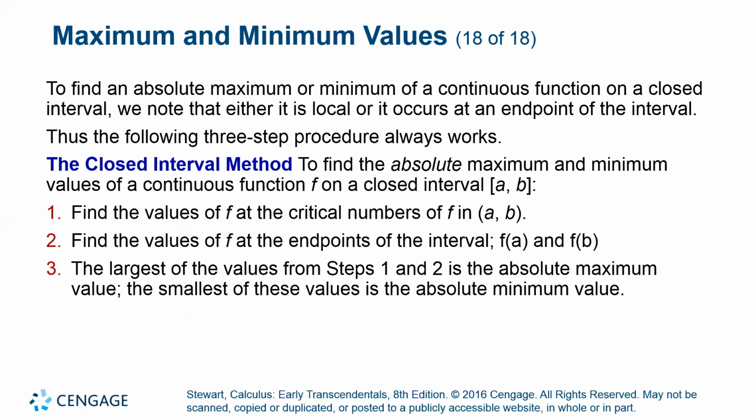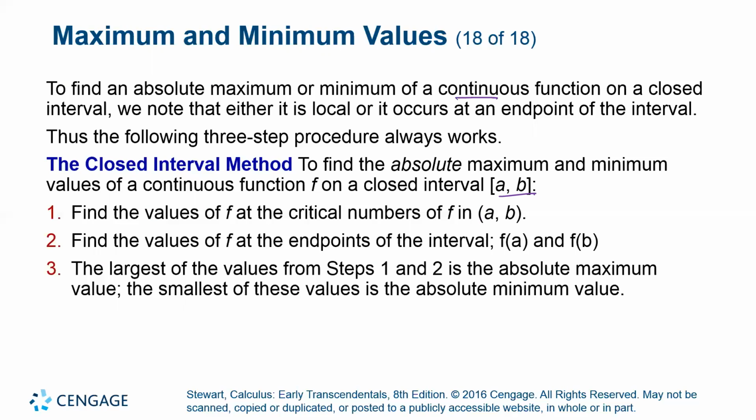Now, the final thing is finding maximum and minimum values. To find the absolute maximum and minimum values of a continuous function on a closed interval, we know that either it is a local extreme or it occurs at an endpoint. Remember I said that we can never have the absolute extreme values occurring at the endpoints.